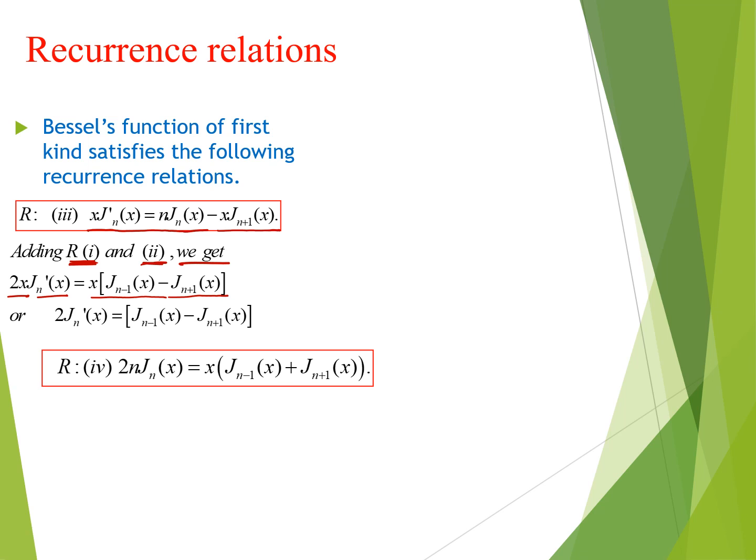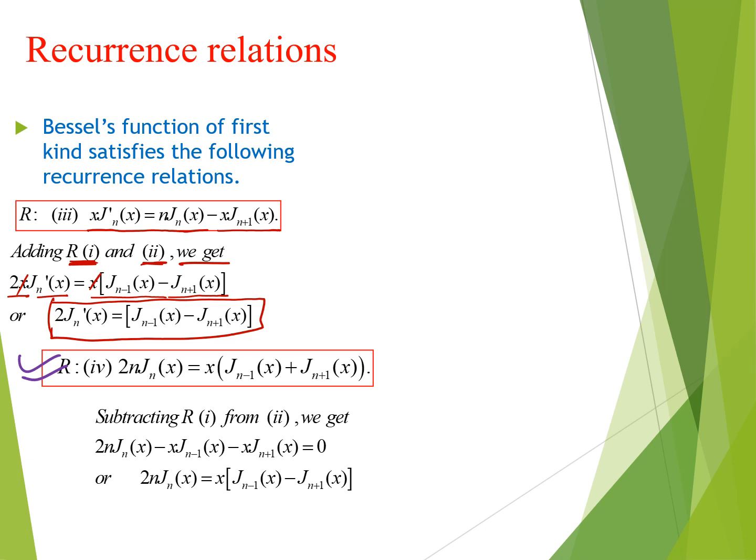When we cancel out the x, this is the third recurrence formula.